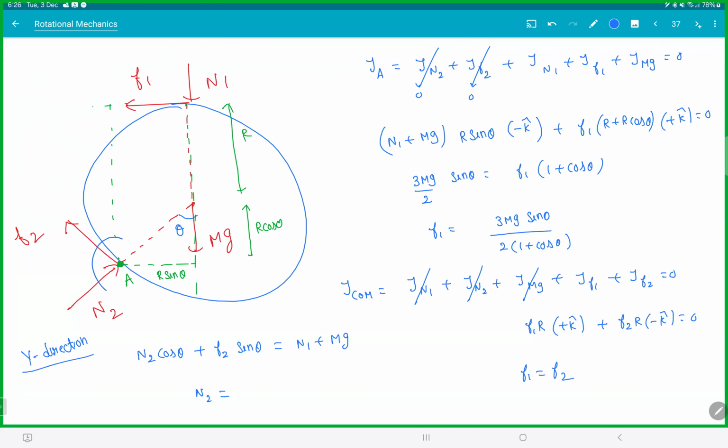So choosing this point is your savior actually. N2, F2, two variables will go off, suddenly F1 will come out. But if you insist, sir, I don't want to take there, I will take torque about the center, that is also fine. Then write the forces in the vertical direction, forces in the horizontal direction. That also will give you the answer. So there's nothing wrong, you will get answers. When I was solving, that's what clicked for me. I thought, yeah, if I take torque about this, N2, F2 go away. Now in the exam sometimes it doesn't click, then it is fine. You just go brute force.